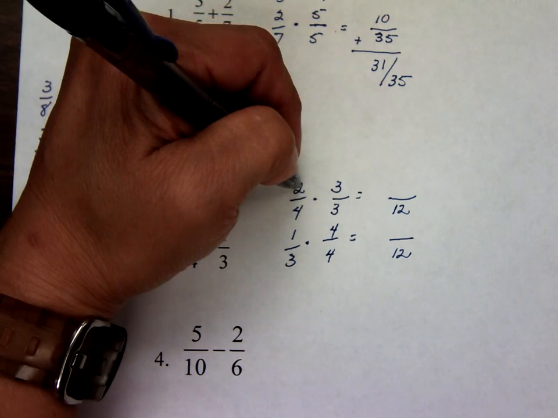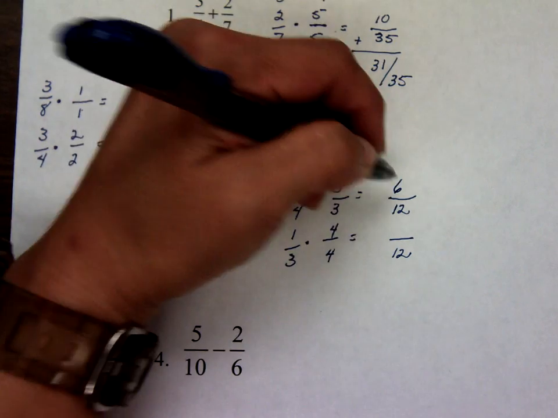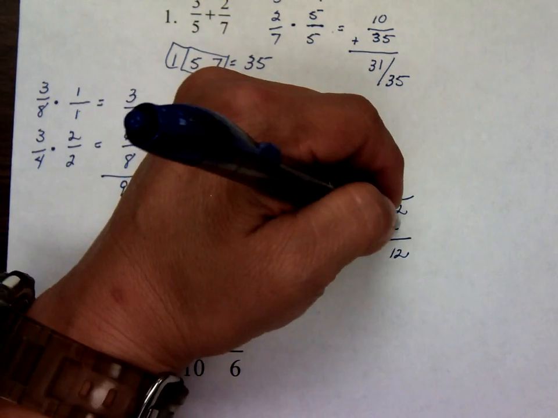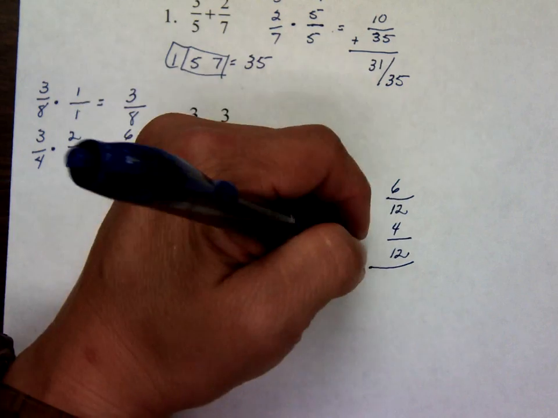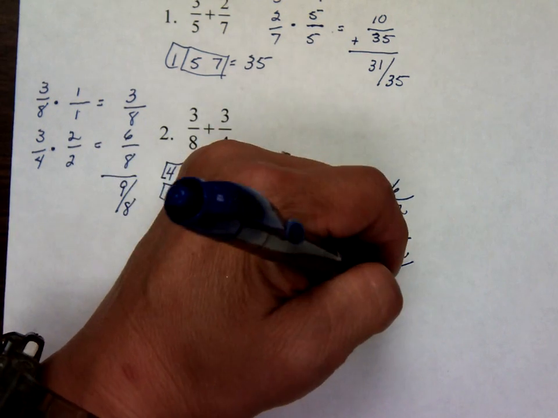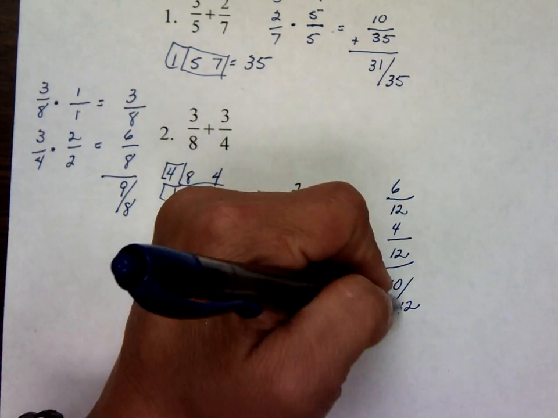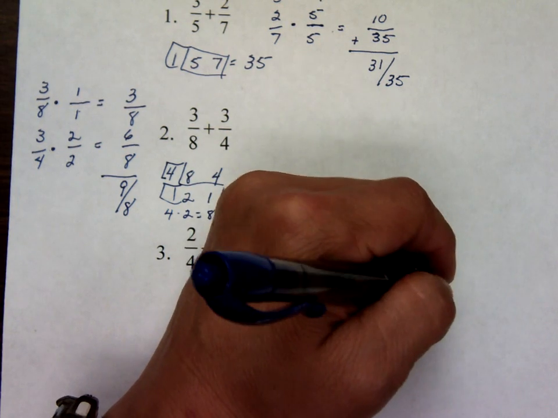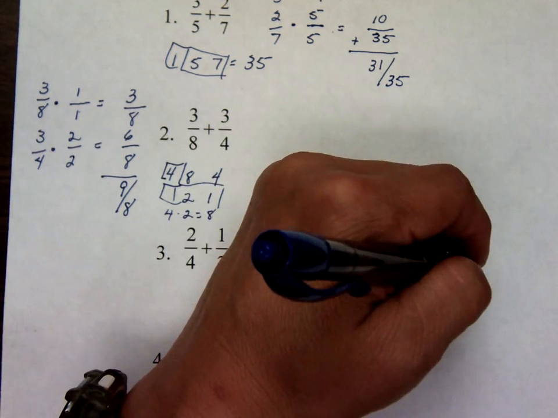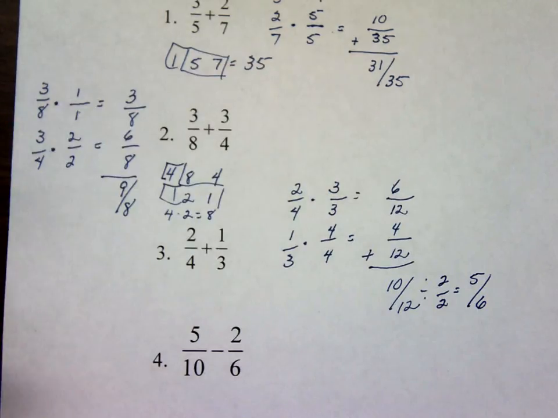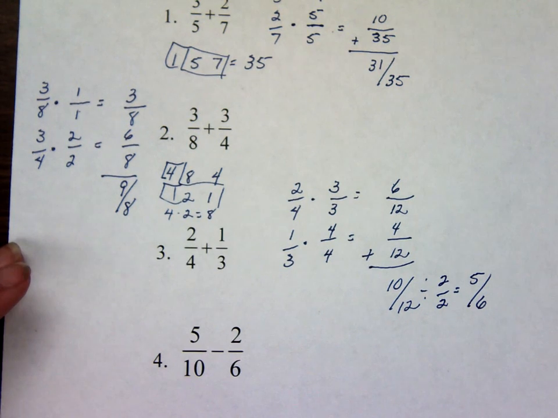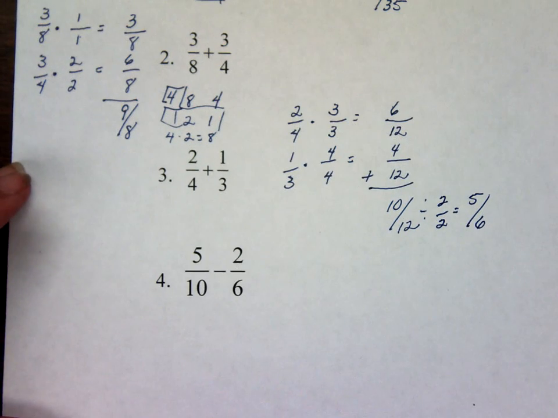Multiply across. 2 times 3 is 6, and 1 times 4 is 4. You are adding, so 6 plus 4 is 10. The denominator stays the same. You'll notice that 10/12 can be reduced, so you can divide top and bottom by 2, and you get the answer of 5/6.